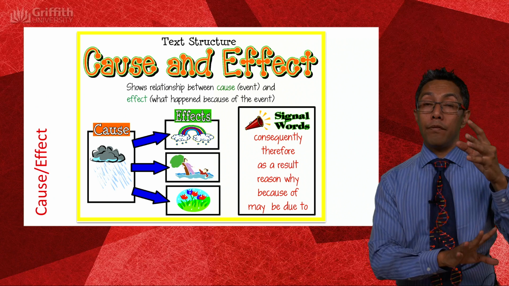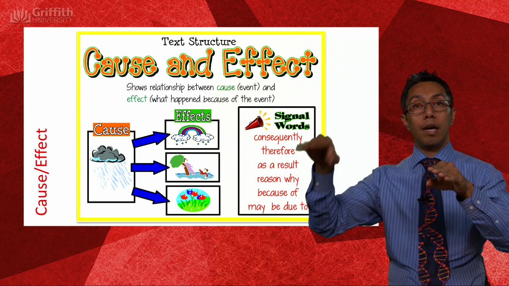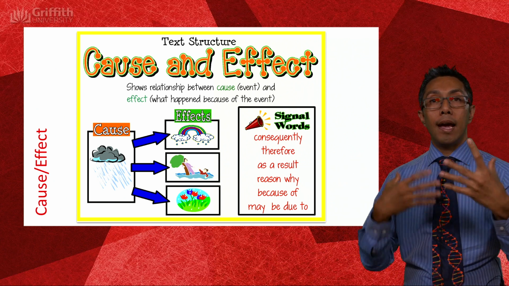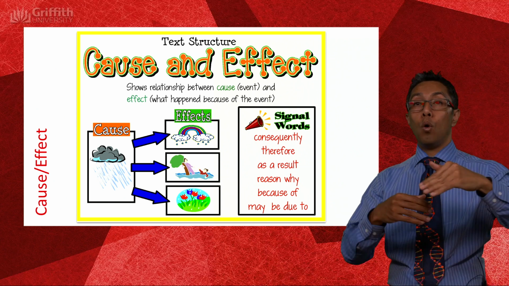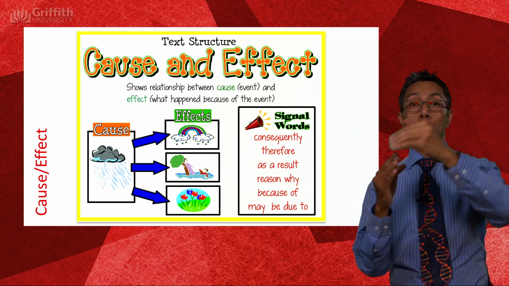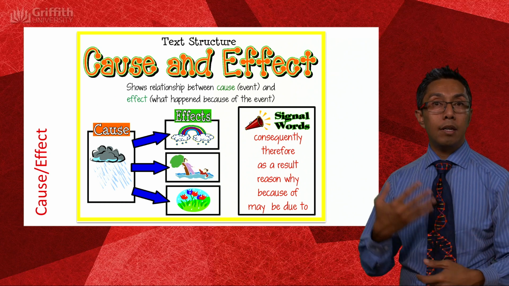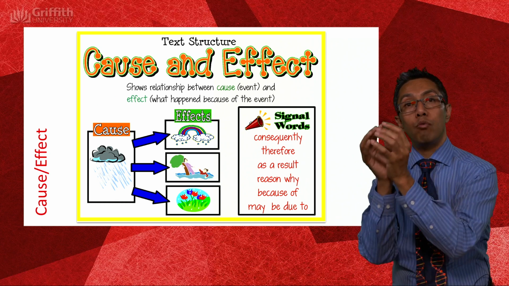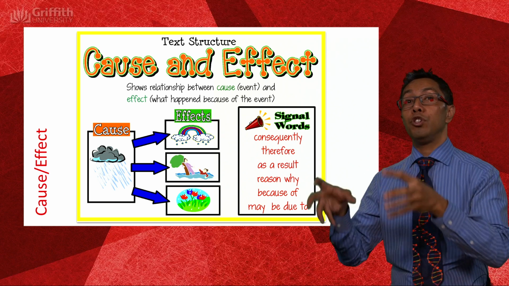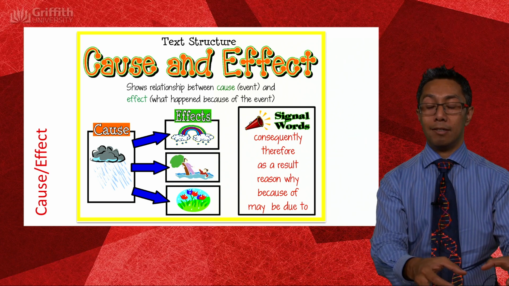So this is a modified flow diagram, not just going from one element to another element to another element, but causes and effects. You can have one cause going to multiple effects, or two causes going to one effect. Okay, so it just depends upon the scenario that you're looking at for the type of visual representation that you would use to re-represent that original piece of text.